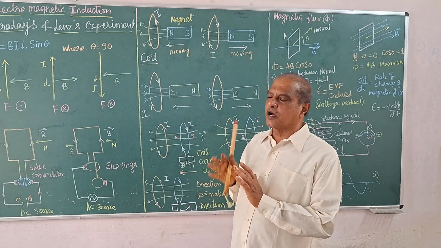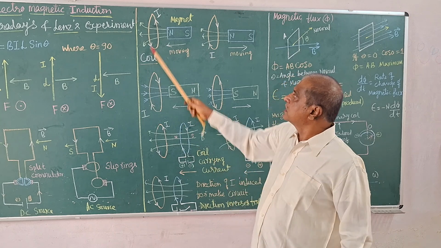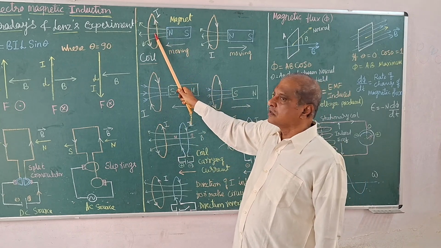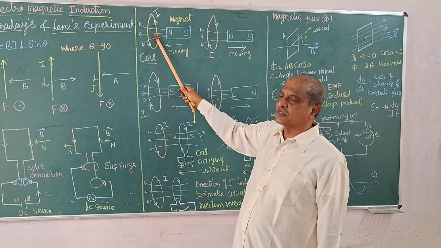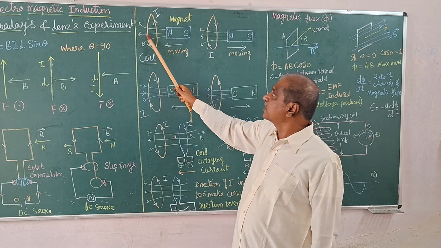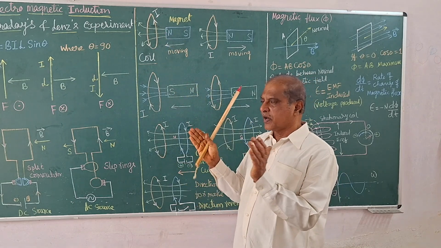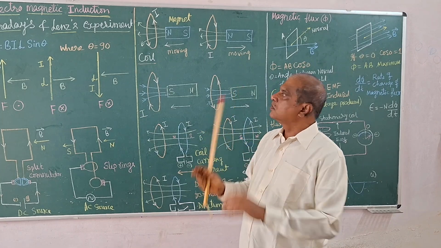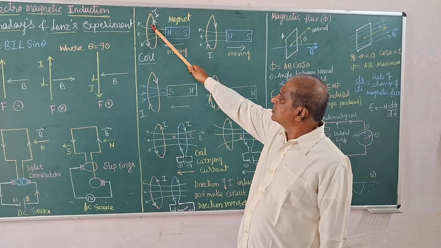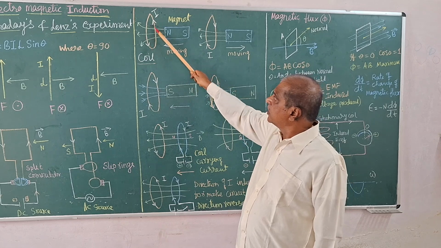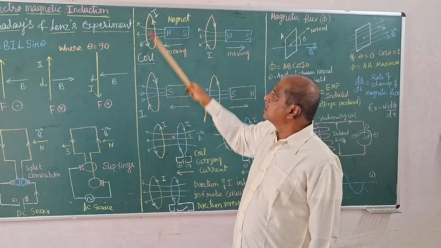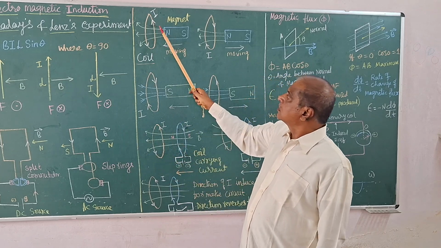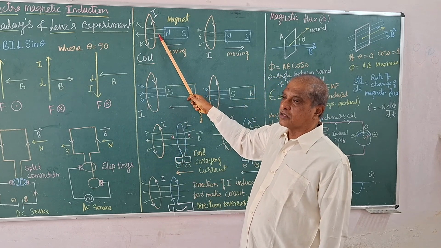Every reaction is opposite. That is, the current induced always opposes the change in magnetic flux. That is, increase becomes decrease. That is repulsion. So the current induced in this is in such a way that it will oppose the change that causes it.